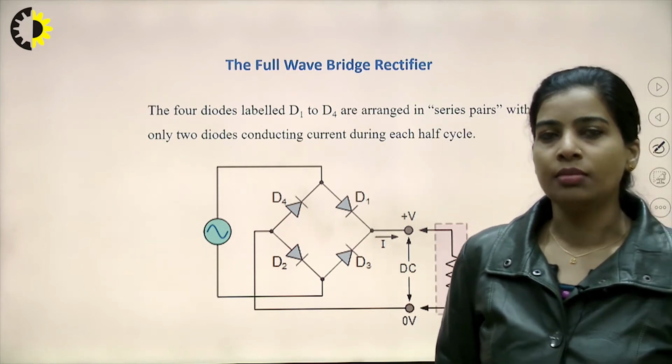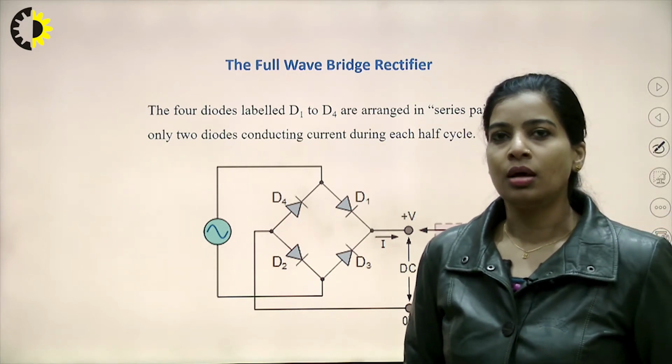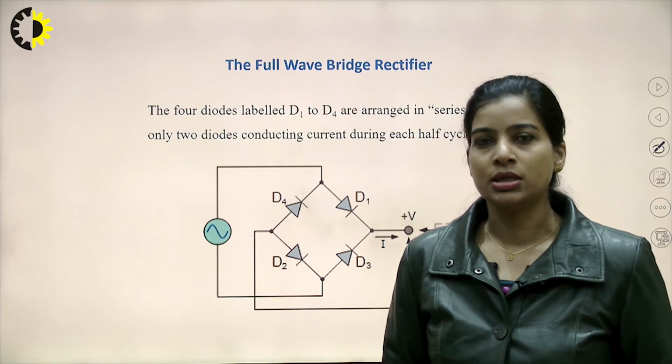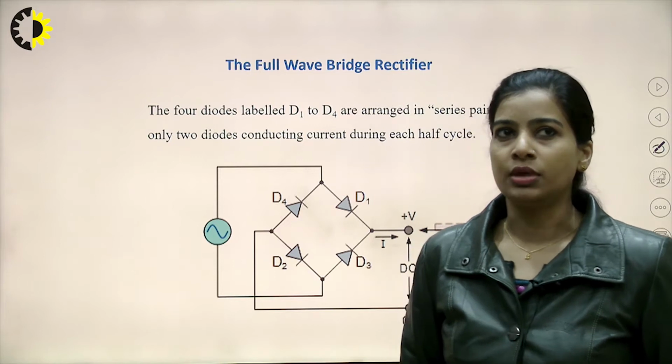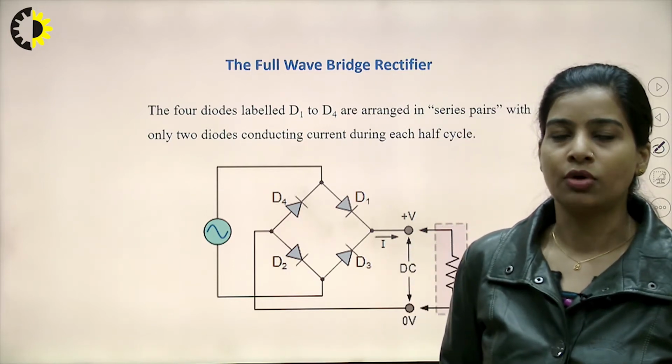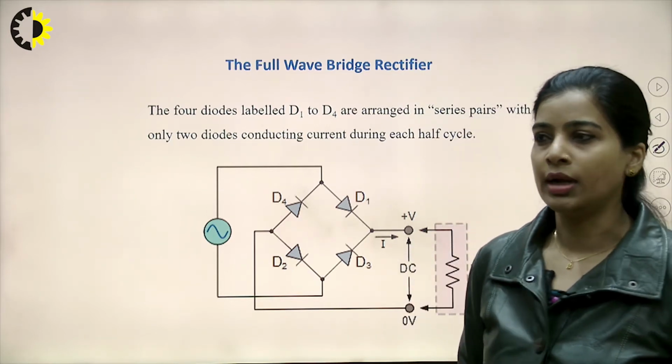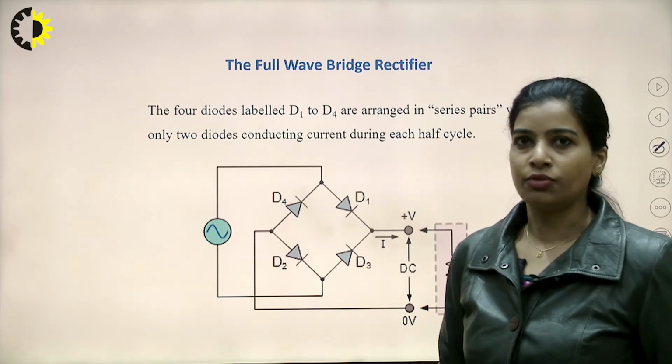At the same time, the center tap rectifier has another disadvantage in that we need to find the center point of the transformer. So that is difficult to find, the center tap transformer point.